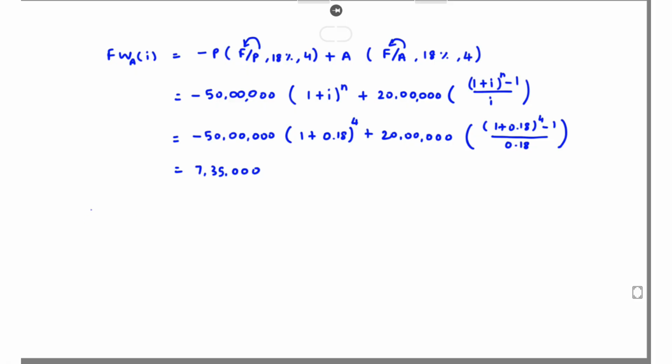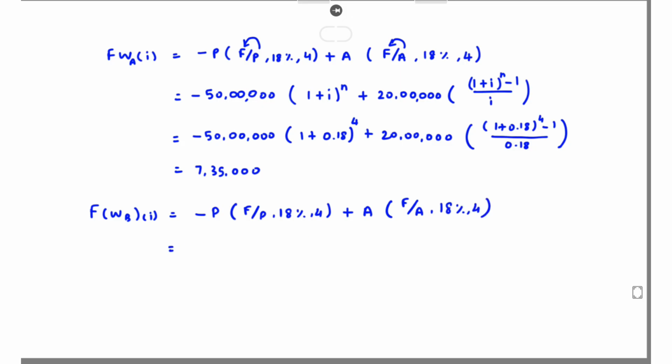Likewise we calculate for alternate B. FW of B at the rate of I is minus P into F by P at 18 percent, 4 years, plus A into F by A at 18 percent, 4 years.